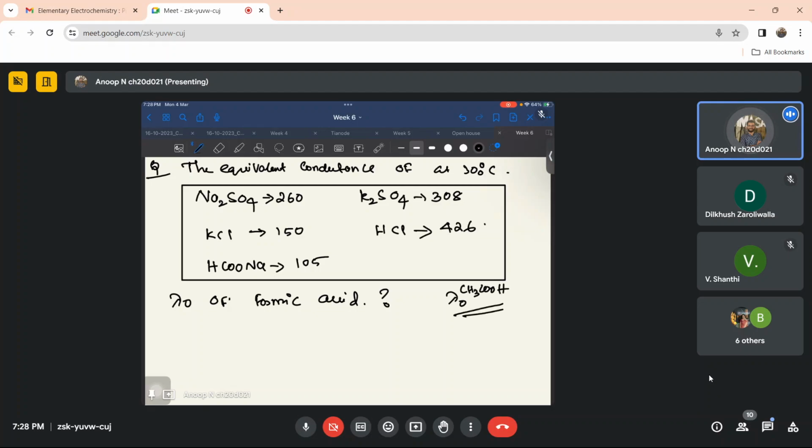I'll give 5 to 10 minutes, a little longer time. So just need to think and solve this. It's very simple. Sorry, it's not acetic acid, formic acid. Lambda 0 HCOOH equal to what? H is equal to 1. So can you try to solve this?